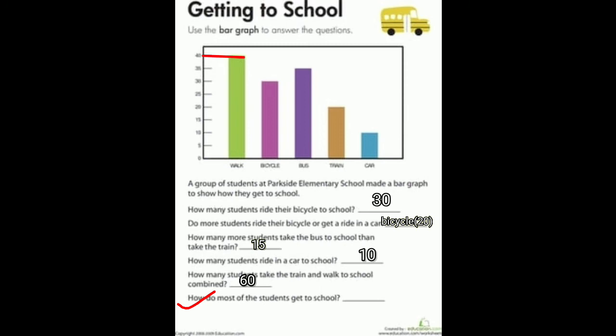The top end of the green bar represents the 40 students who come by walking to the school, which is the maximum in the graph given here. So we see that the maximum number of students come to school by walking, represented by the green bar, which is present at the first position in the graph.